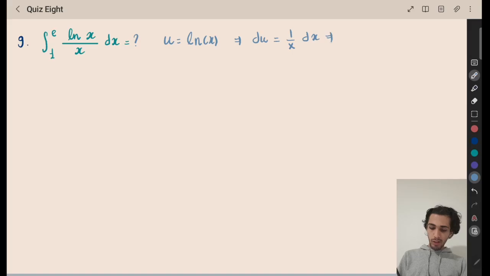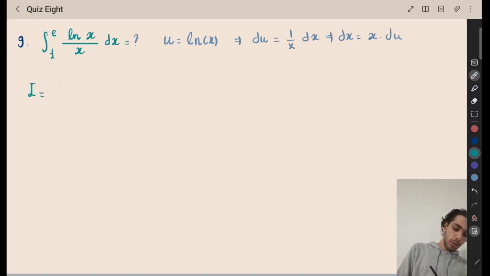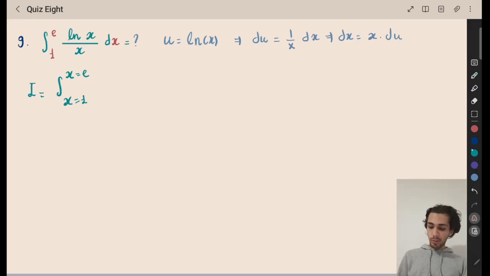So now I just need to isolate my dx. So dx is x times du. And then everything's perfect. You get an integral from x is equal to 1 to x is equal to e. Remember that the boundaries are always with respect to the variable we're integrating with. Instead of ln of x, I write u.